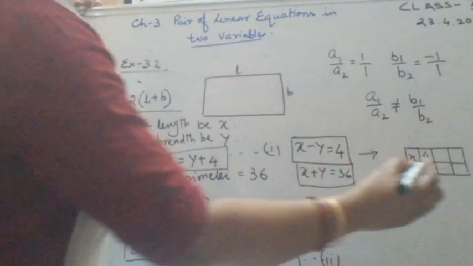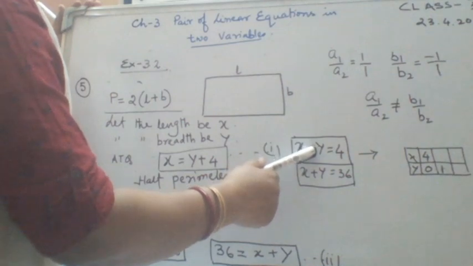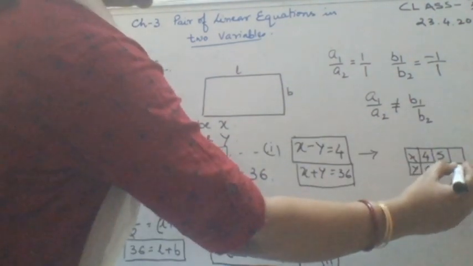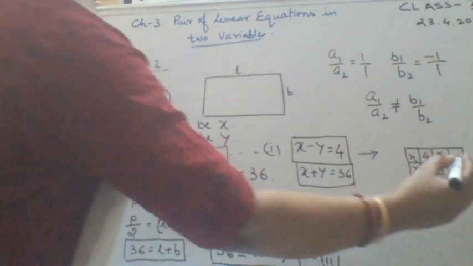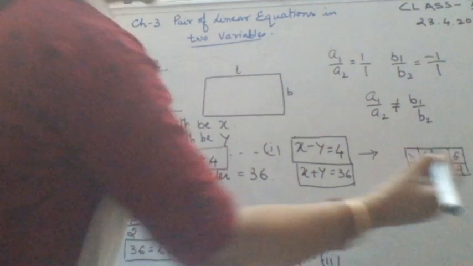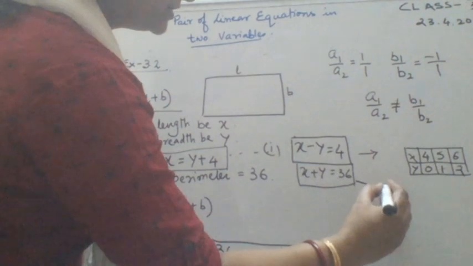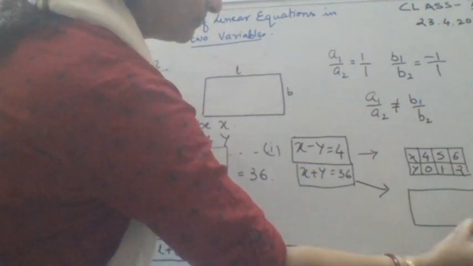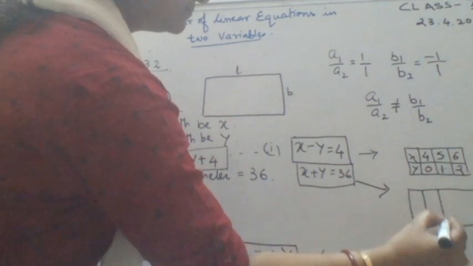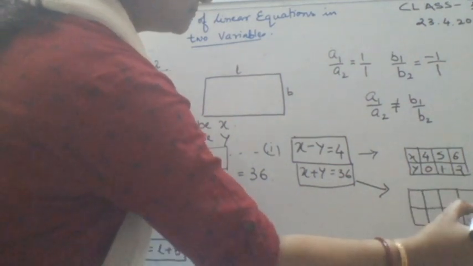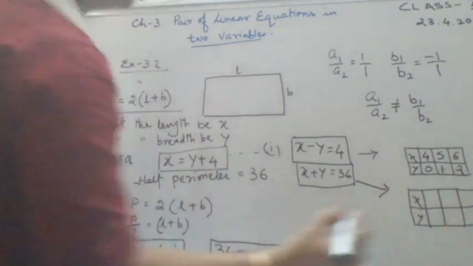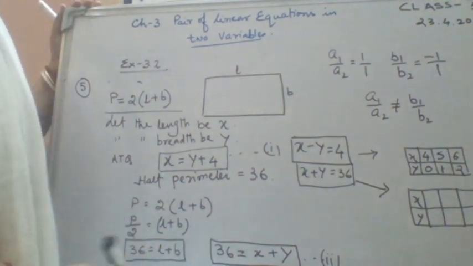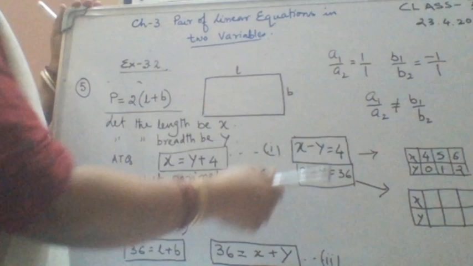If y is 1, then this minus 1 goes to the other side, x will be 5. If y is equal to 2, x will be 6. Okay, the first table. Now for the second one, this table, x and y. Now you see x and y sum is 36. This is 4 and this is 36.